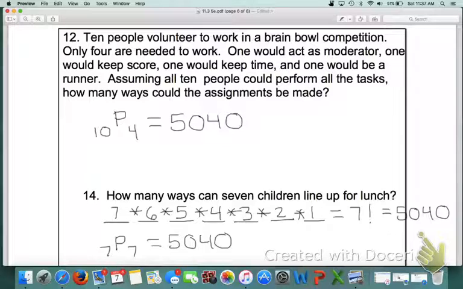Okay, so if repetitions are allowed, we're going to use fundamental counting principle. If there's no repeats and the order does matter, that's when we use permutation. And when there are no repeats and the order doesn't make a difference, that's where we're going to use a combination. Okay. Now, make sure that you go through all of these examples, you understand them.